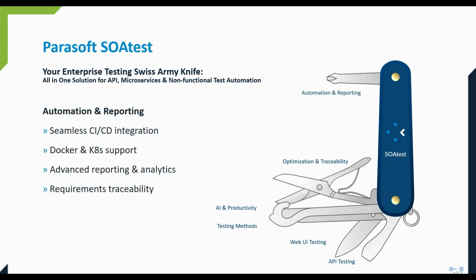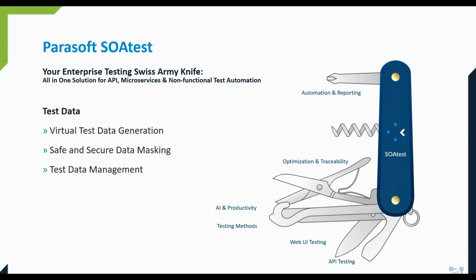SOAtest easily integrates to CI/CD pipelines, it supports Docker and Kubernetes deployments, and it offers advanced reporting and analytics with its integration to Parasoft's DTP platform for trends analysis. It can also integrate with requirements tracking solutions such as Jira Xray, and through DTP provides in-depth reporting on requirements coverage and traceability.